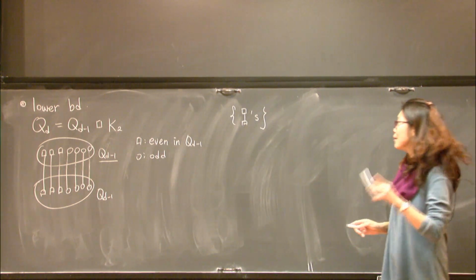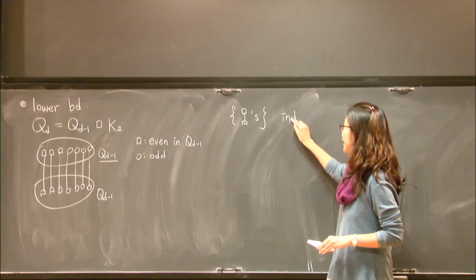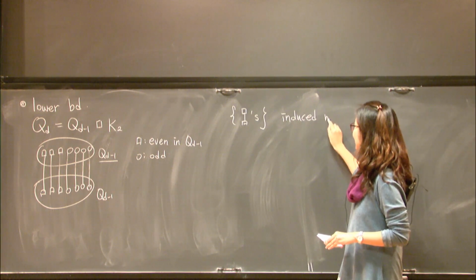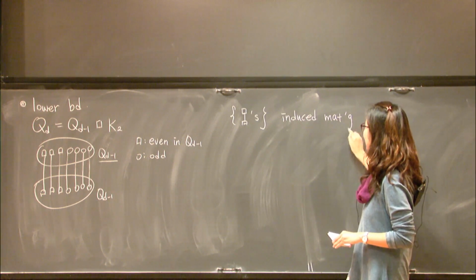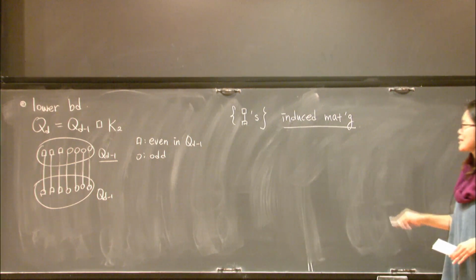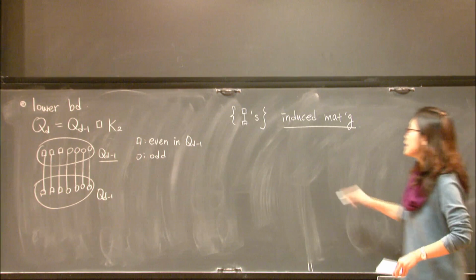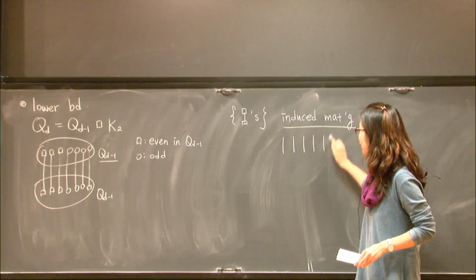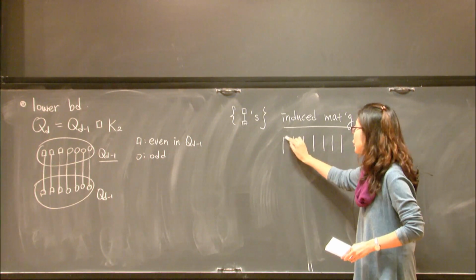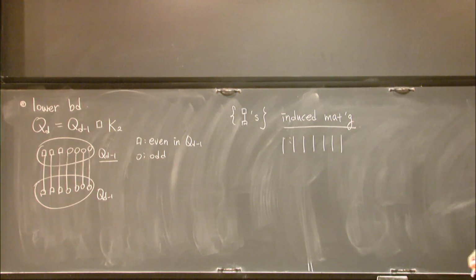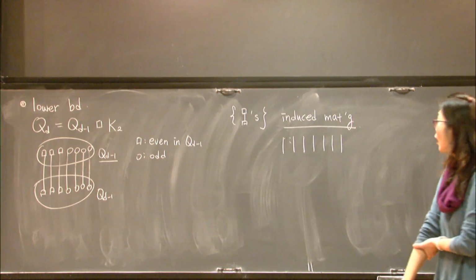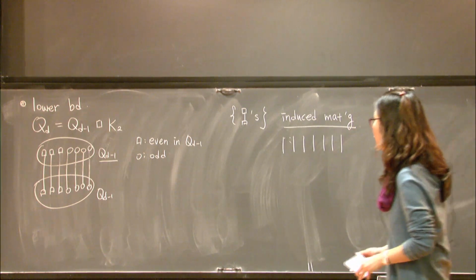First of all, this forms an induced matching, meaning that this is an induced subgraph, which is a matching. In other words, this is a matching, and there are no edges between the vertices. I'm sorry, I'm confused. You have an even vertex, you have an edge.